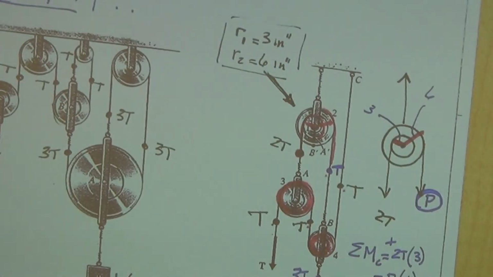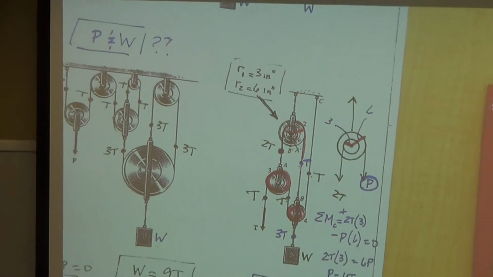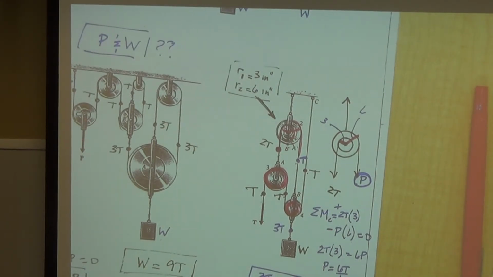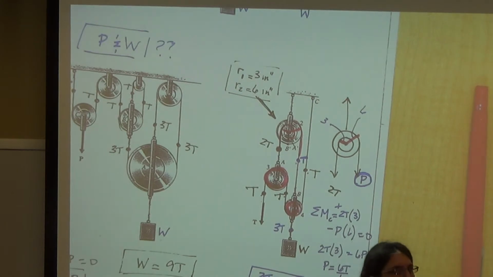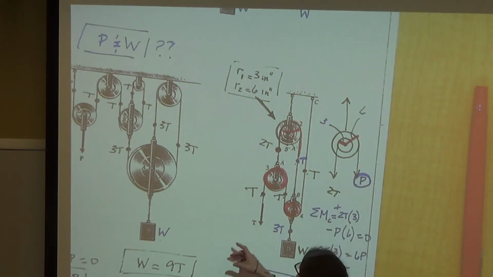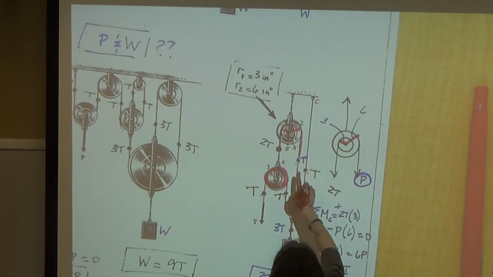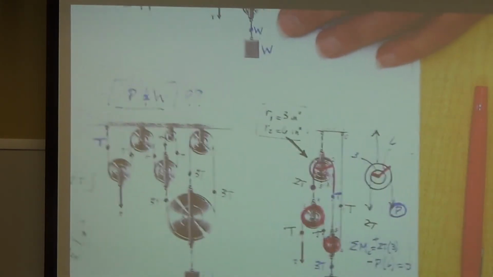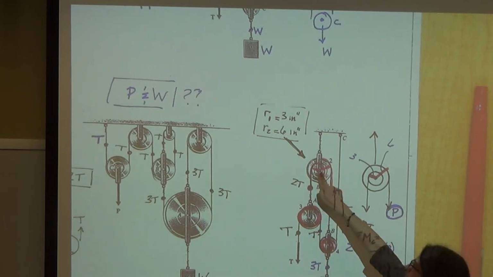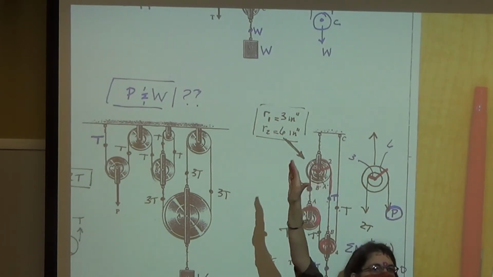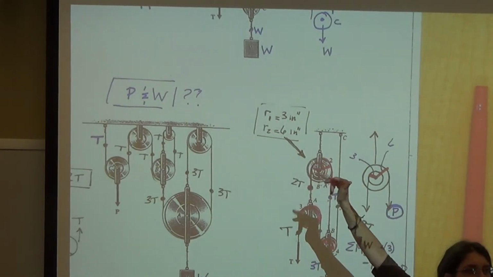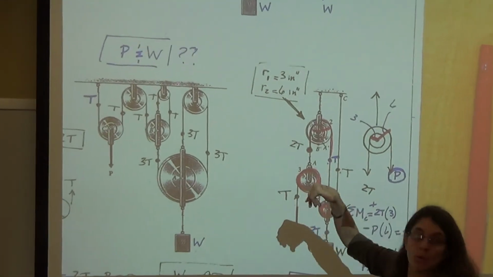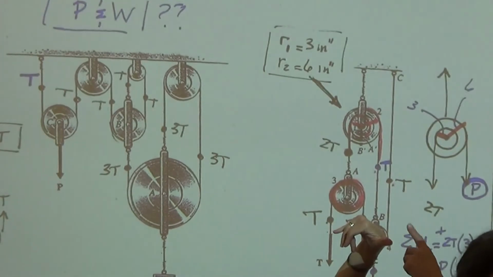Chelsea? Good on everything except for why the negative P. Okay, so remember torque, and we haven't gotten into moments yet, and we're not going to actually get into moments for a couple of weeks, or at least a week. So I'm looking at this point right here, right? Here's the direction. So remember right-hand rule, or you put the right hand up, right? So if my force goes like this and it's causing a counterclockwise spin, I have a positive moment.